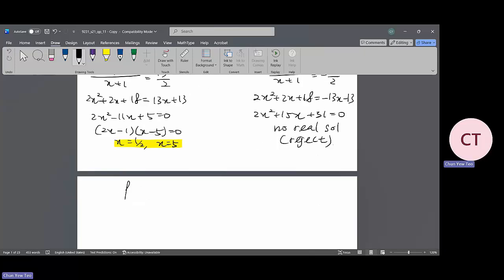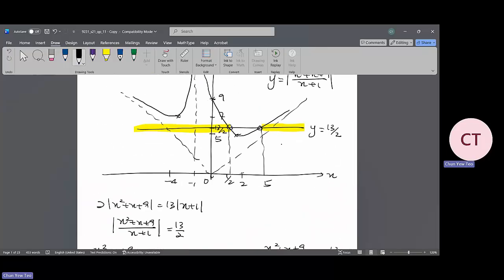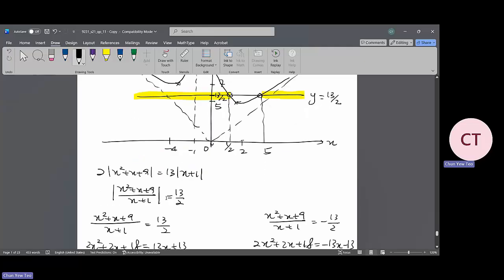So from the graph, your x will be less than half, and then your x will be greater than 5. So this will be the answer for the question 7D. However, you can see the mark scheme.